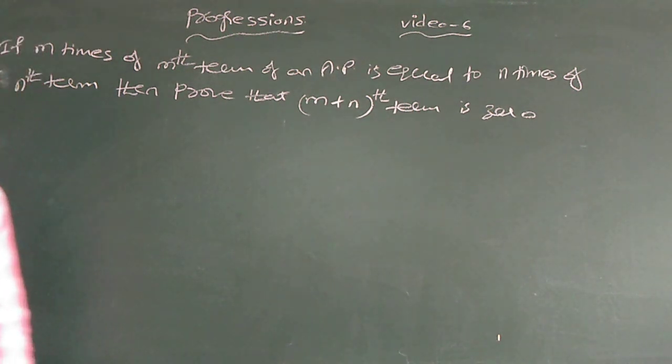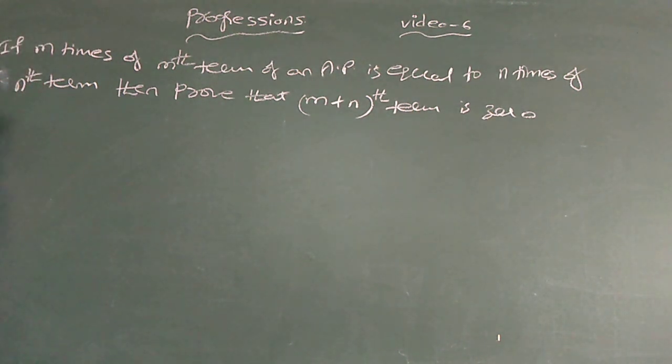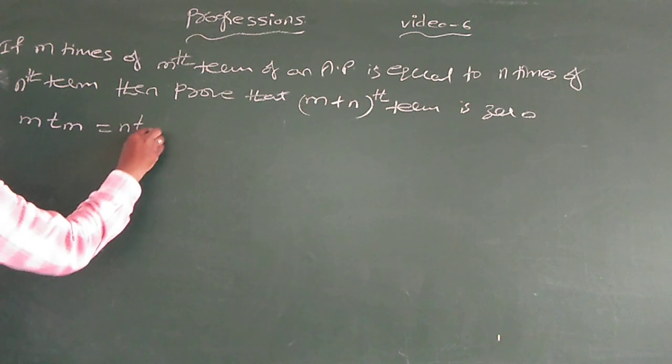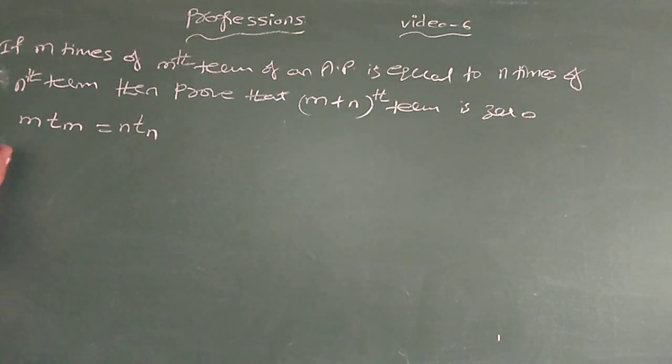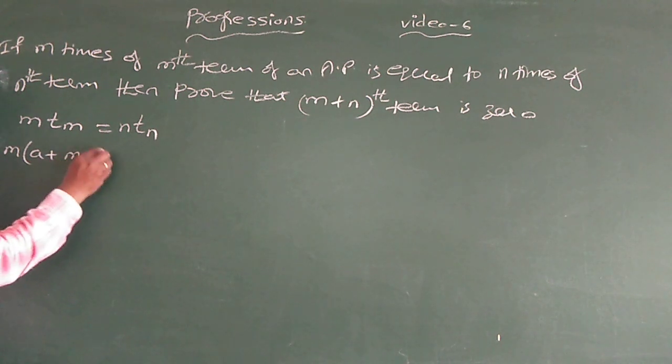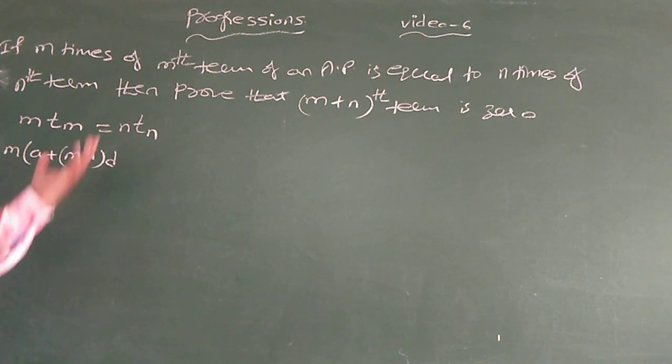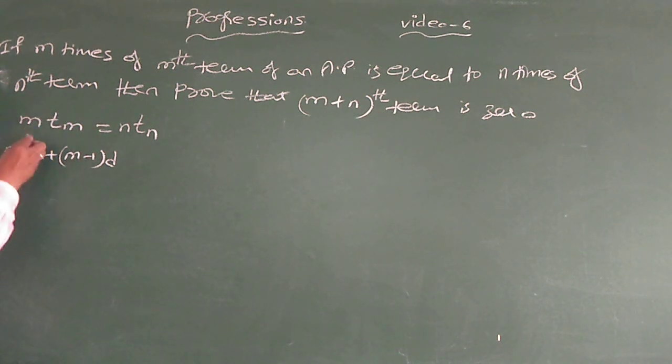As per the question, m times the mth term means m into Tm is equal to n into Tn. Now m into Tm means m into a plus (m minus 1) into d. The previous question had numerical values, so I wrote the numerical value 1 less, but here it is a variable.